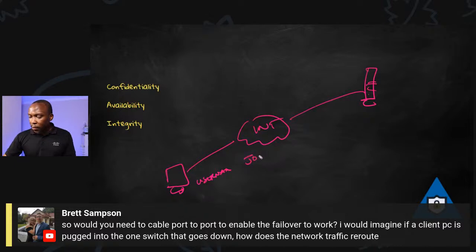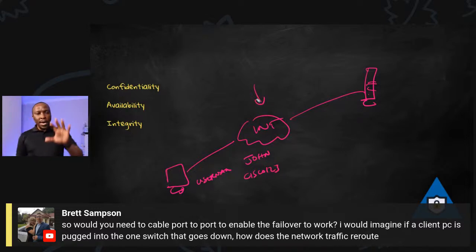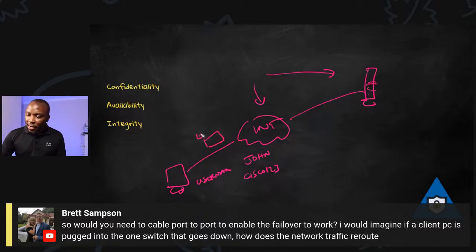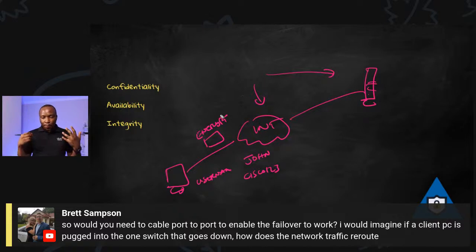So my username is John. My password is Cisco123. And all this is in plain text. If someone was to sit in the middle and snoop on that traffic, they can get the username and password, log in, and then withdraw money. So as the traffic is traversing through, we need a way of encrypting that data so that it is protected.